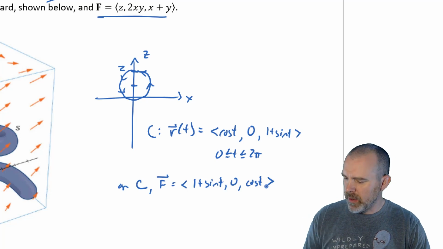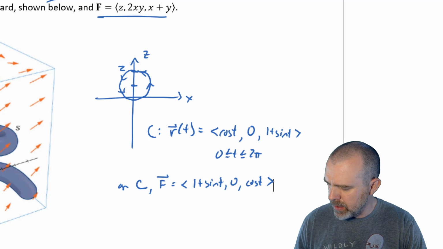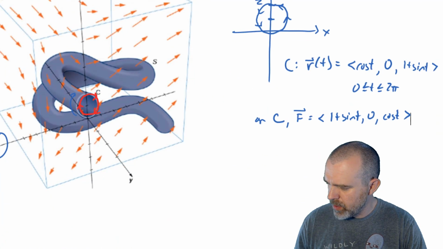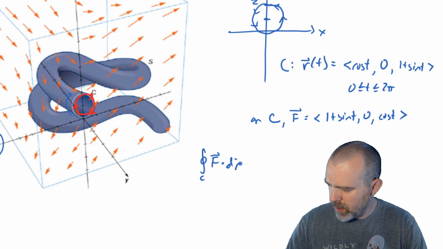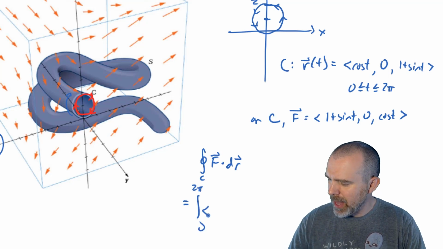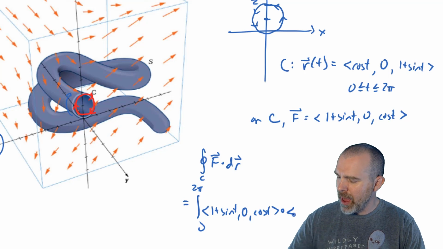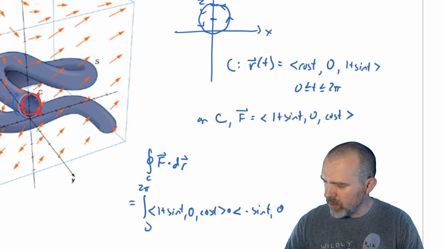Nice. All right, and then let's see, what else do we need? I think we're ready to do the line integral here. All right, that'll be 0 to 2 pi. My field became 1 plus sine t, 0, cosine t, dot product with r prime, negative sine t, 0, cosine t, dt.